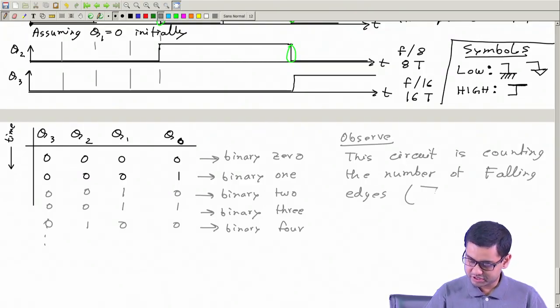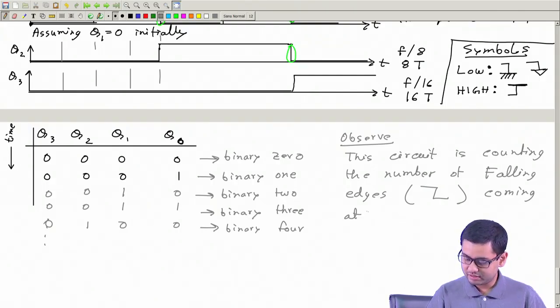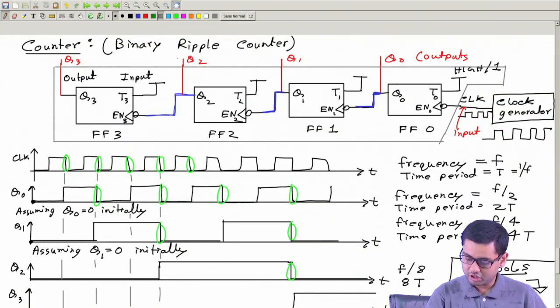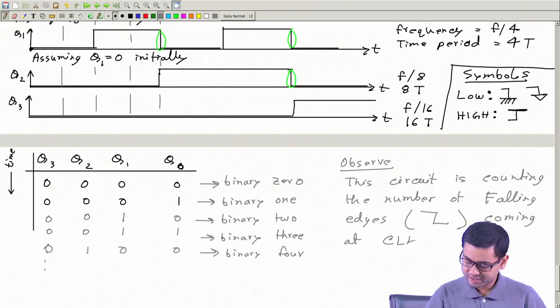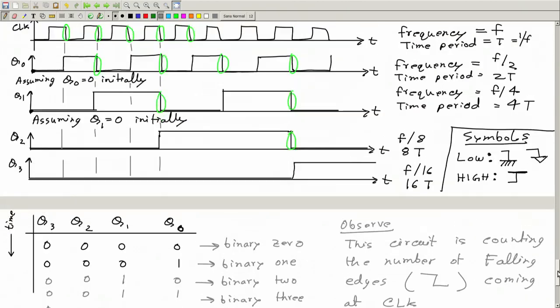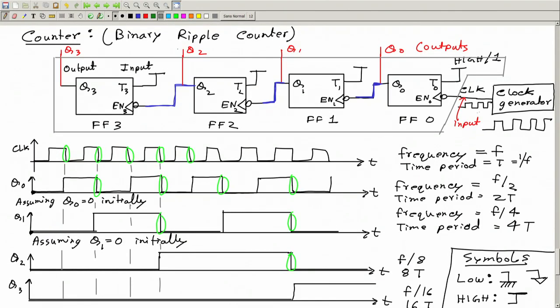Falling edges means like this, coming at this input point. Call this clock, coming at clock CL. So this circuit is counting the number of pulses that come here. So that's why we call it a counter, right?